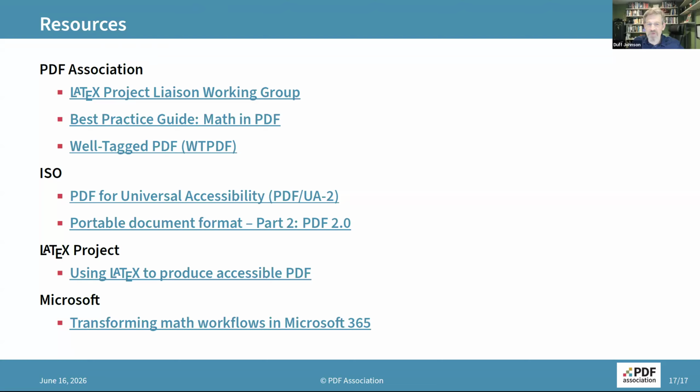And the answer is that the Matterhorn protocol 2.0 is in development right now, and any support for MathML in Matterhorn would be added to Matterhorn 2.0 and not to the existing Matterhorn, which only addresses PDF 1.7 and PDF/UA-1. So although it would be our intention to ensure that MathML is represented in the updated Matterhorn protocol, I have no idea how many test conditions that implies at this point.